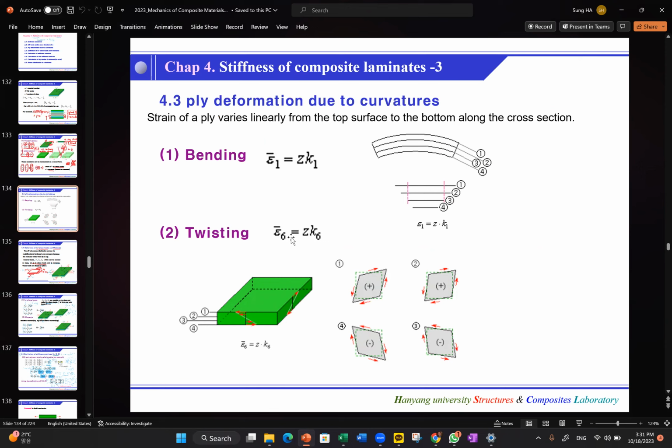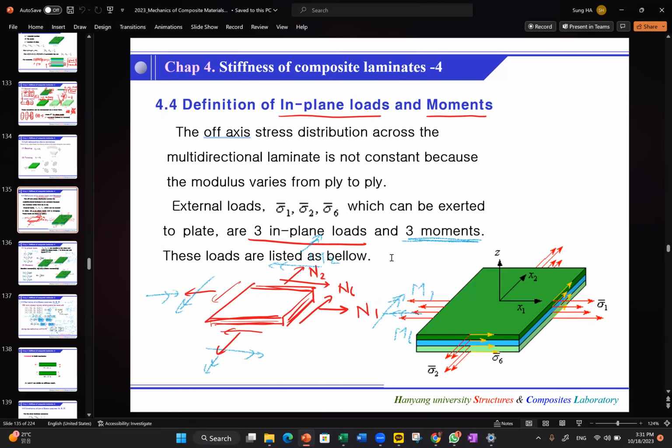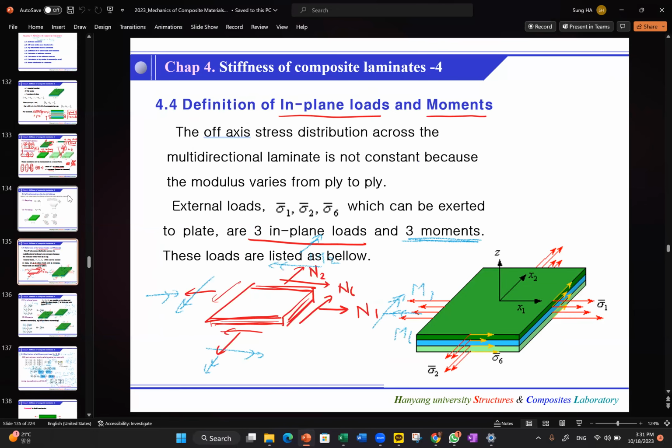In-plane shear strain varies through the thickness z. Then this represents the twist curvature of this laminate. So, okay, we need to understand this uniform strain and curvature.